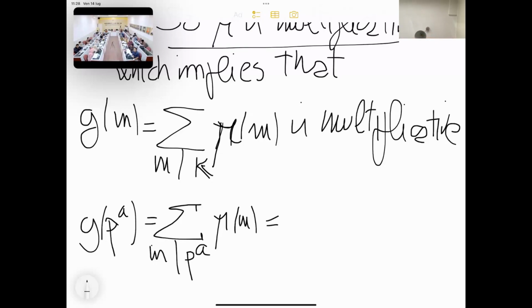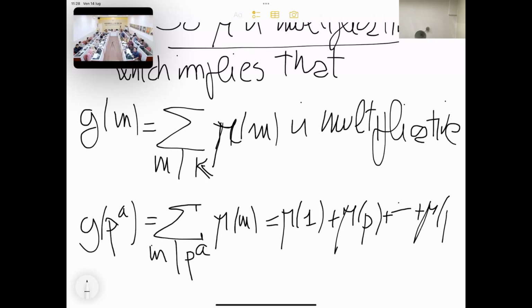Well, the divisors of p to the a are 1, p, p squared, etc., all the way to p to the a. So this is 1 minus 1 plus all zeros.